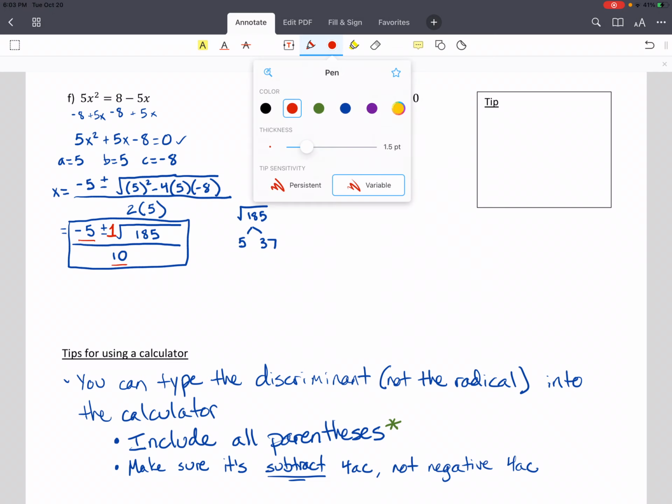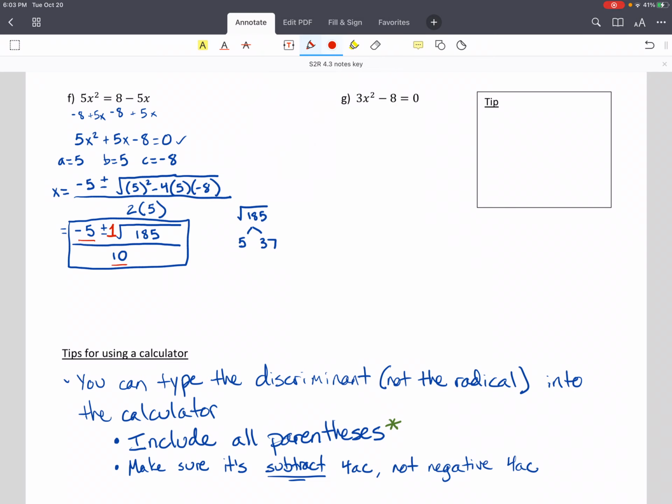Well, in part G over here, wait a minute, we are missing something. We have a 3x squared, and I should have something in the middle there, but I don't. Well, here's what we can do.